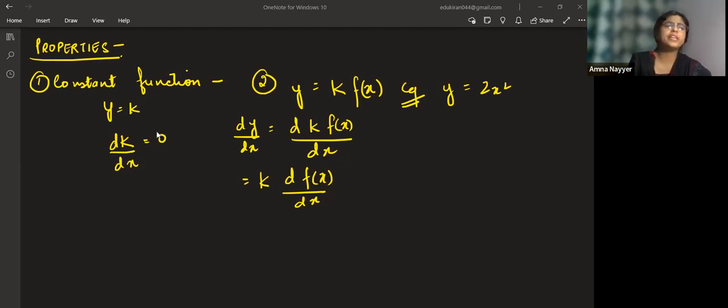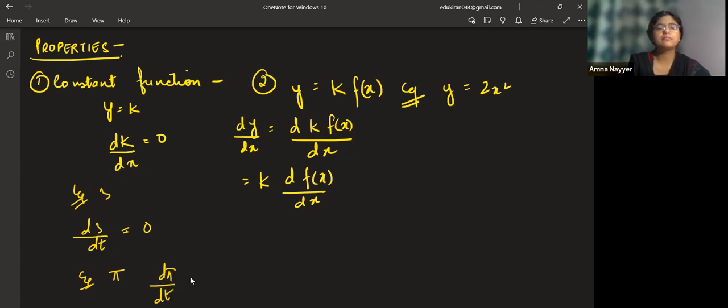For example, if I give you the number 3 and ask you to differentiate it, 3 is a constant number, so the differentiation of 3 will be 0. Pi is also a constant, 3.14 is its fixed value. So when you differentiate pi, that also becomes 0.